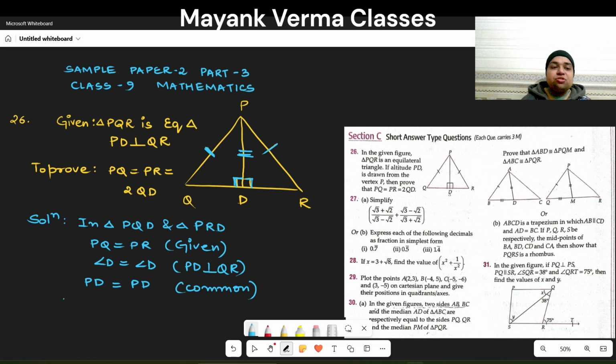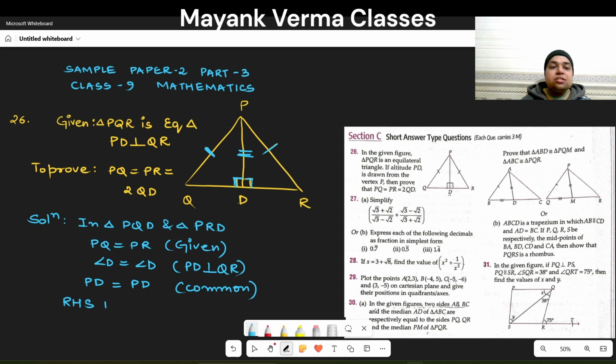So what does the RHS congruency rule state? RHS says that one angle should be 90 degrees, that is a right angle triangle. H stands for hypotenuse and S stands for side. So if two triangles have 90 degrees in them, also the hypotenuse of both triangles are equal and any side is equal, then I can say they both are congruent to each other.